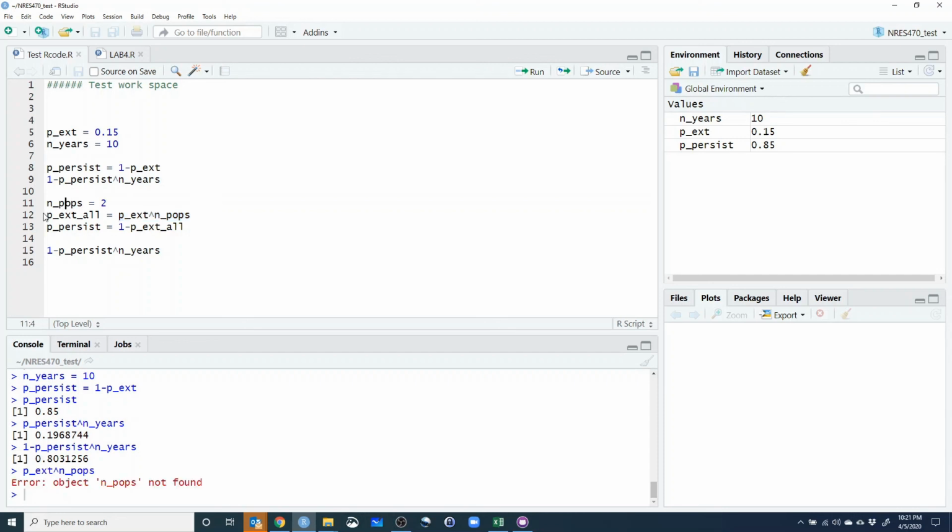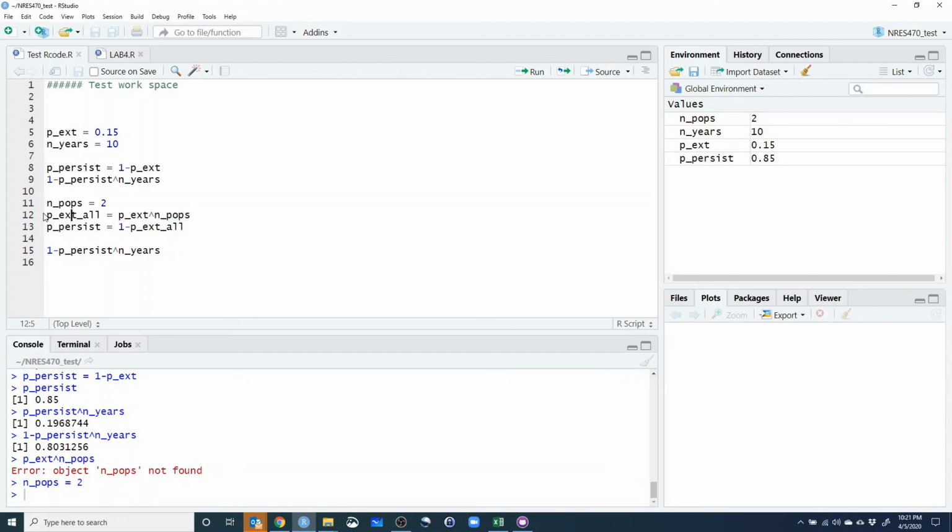Oops, I didn't actually run the number of populations here, but 0.15 times 0.15 ends up being about 2%. So there's about a 2% chance that both populations will go extinct in the very same year, all right? And that's the probability of global extinction in a given year.